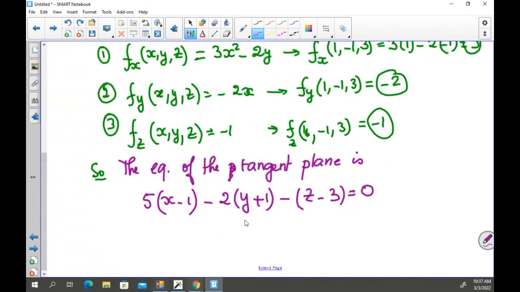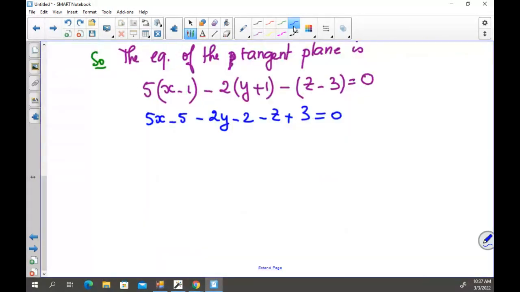Now, if we look at the choices here, you don't see that, yeah? If you look at these choices, you don't see it. So that means you need to work a little bit more here. So you need to open these brackets and simplify. So it's going to give us 5x minus 5 minus 2y minus 2 minus z plus 3 equal to 0.